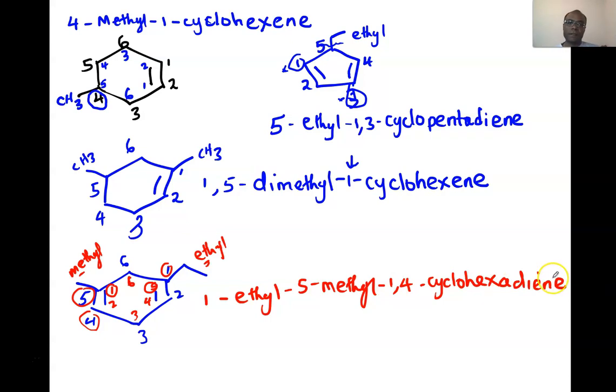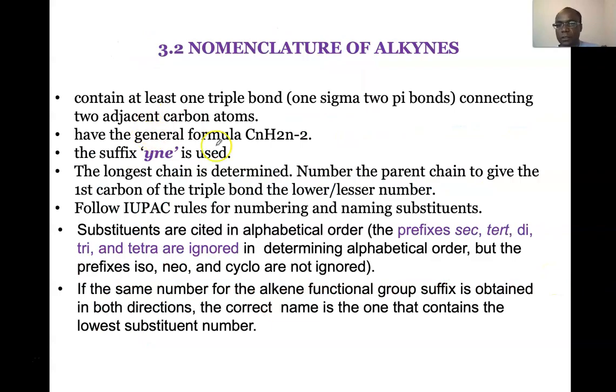All right. So now for alkynes, we'll follow the same system, only that you'll use Y and E in the suffix part of the name, and your general formula for alkynes will be CnH2n-2. For alkenes, it was CnH2n, and for alkanes it was CnH2n plus 2.